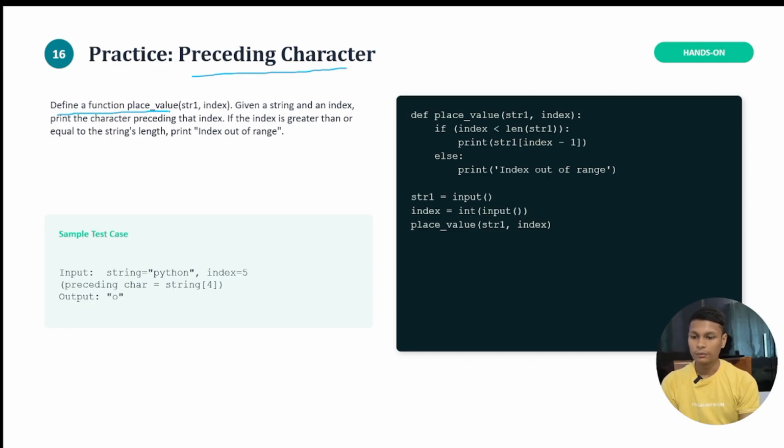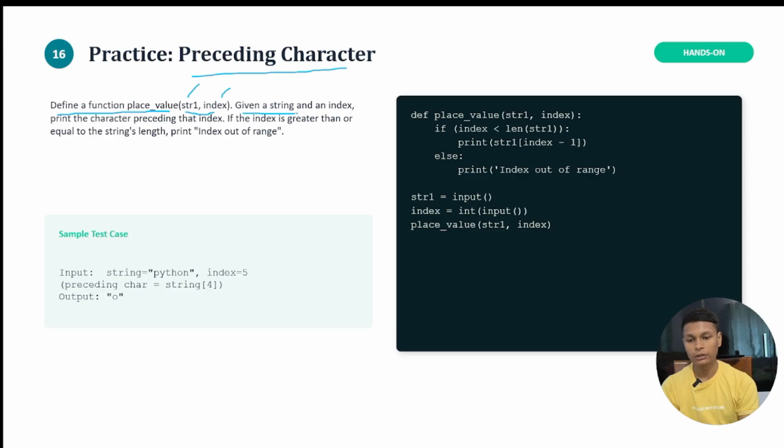The name of the function is place value, and str1 comma index were there. These are the parameters, str1 and index, and for those parameters we are going to take input from the user.